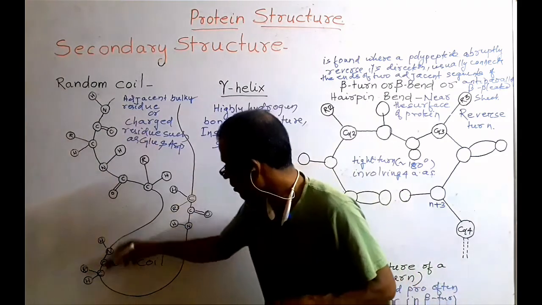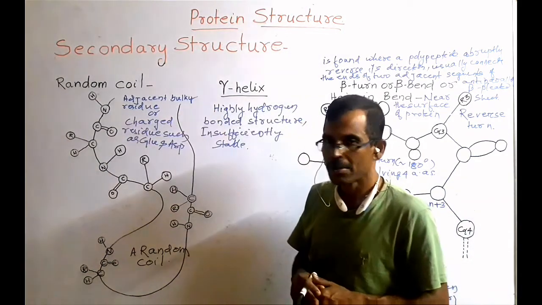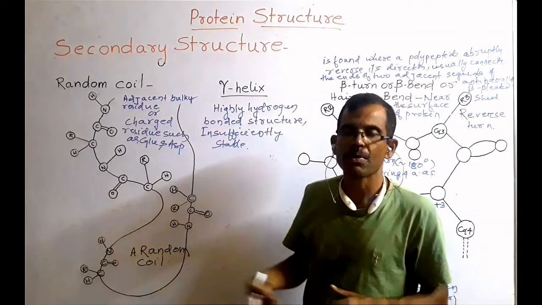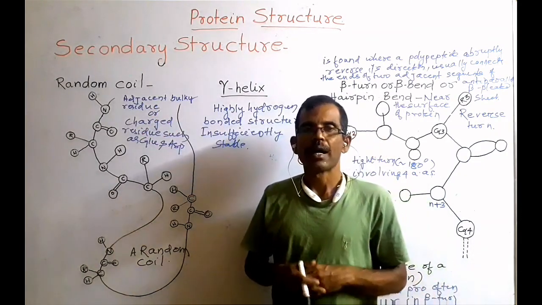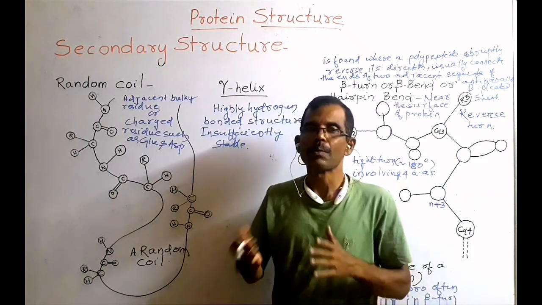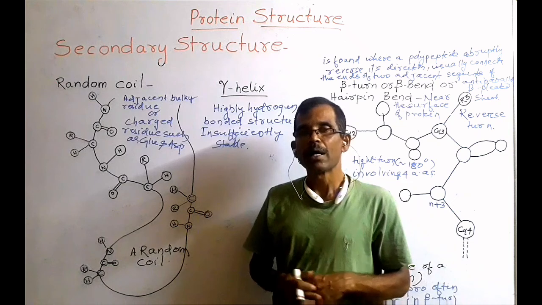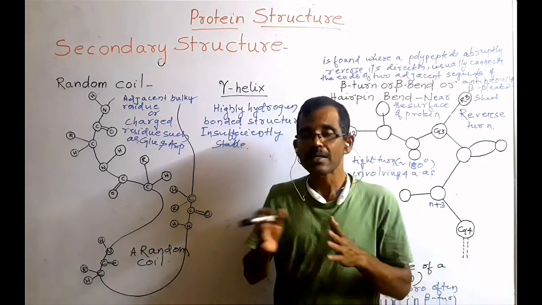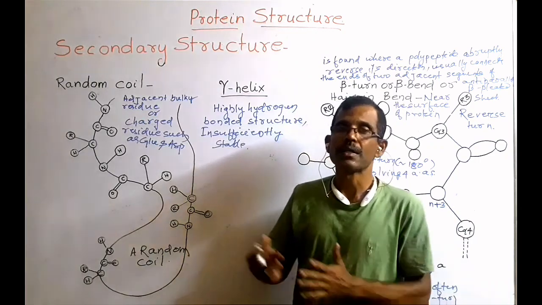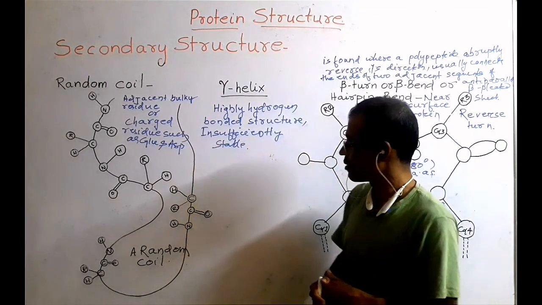This is the structure of a random coil. So this random coil configuration is formed whenever there are adjacent bulky amino acids like isoleucine in a polypeptide, or when there are adjacent charged amino acid residues, for example aspartic acid or glutamic acid.